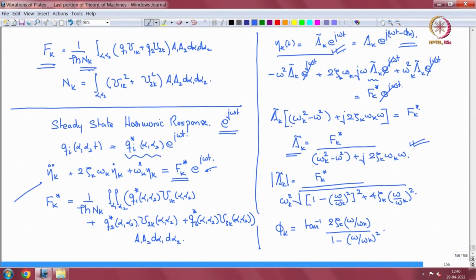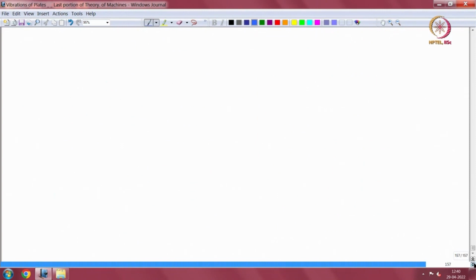Now what we are going to do is take a few examples and use this to find the forced response. The example I will take at length is a simply supported plate.